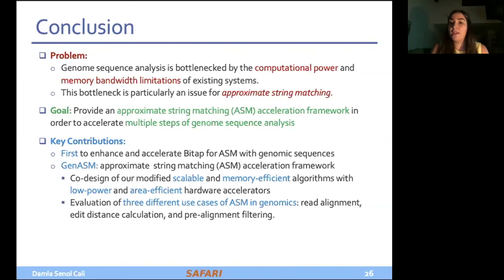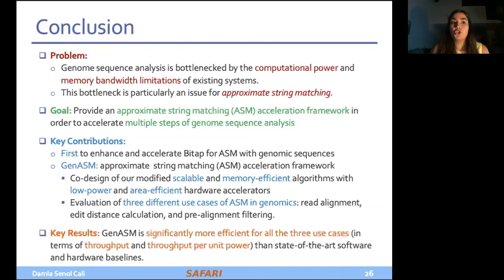And we propose GenASM, a novel ASM acceleration framework where we co-design scalable and memory-efficient algorithms with low-power and area-efficient hardware accelerators. We have evaluated GenASM using 3 different use cases of ASM in genomics, and we show that GenASM is significantly more efficient for all 3 use cases compared to the state-of-the-art software and hardware baselines.